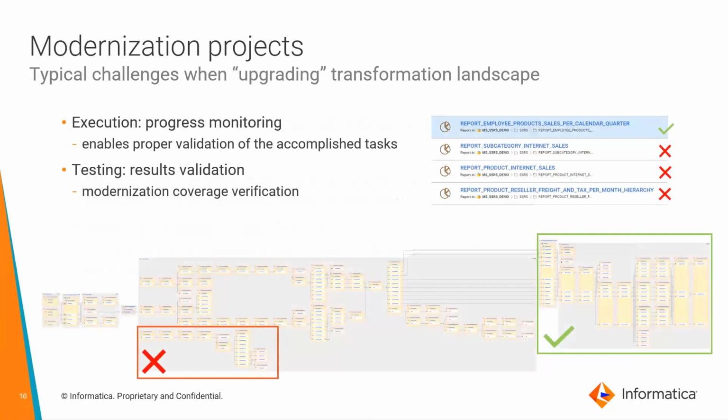Another challenge is project execution and testing. How to measure project progress, right? How to validate which flows have been successfully migrated? How to verify if all the reports have been covered and the processing is built on top of the appropriate sources? All these questions can be nicely supported with data lineage, where required information is available on demand whenever needed, right?